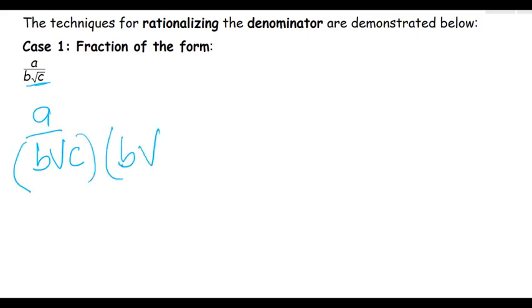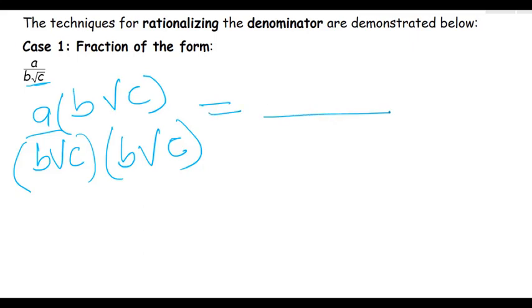The first case is the fraction of the form a over b multiplied by root of c. For us to remove the square root from the denominator, we have a over b root c. We multiply the numerator and the denominator by the term in the denominator, that is we multiply here by b multiplied by root of c, and in the numerator we multiply by b multiplied by root of c, and this will give us, in the denominator, b multiplied by b multiplied by root of c multiplied by root of c, whereas in the numerator we have a multiplied by b multiplied by root of c.